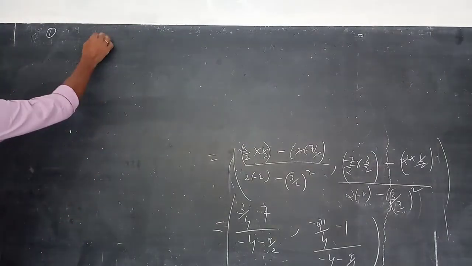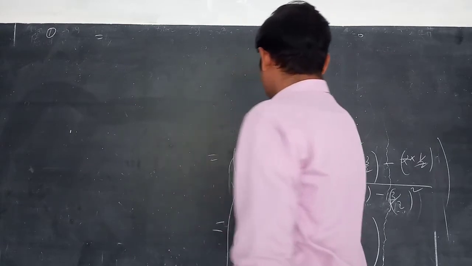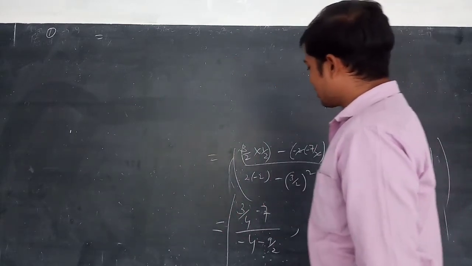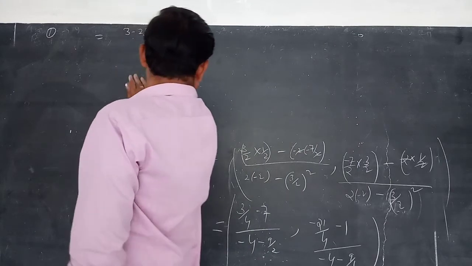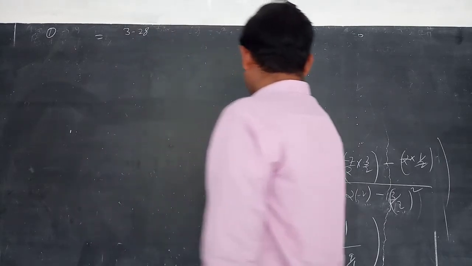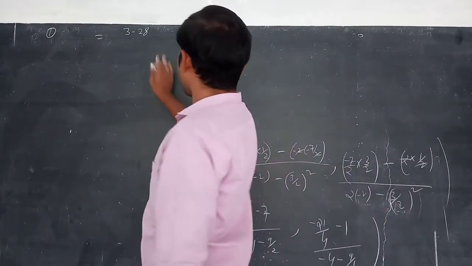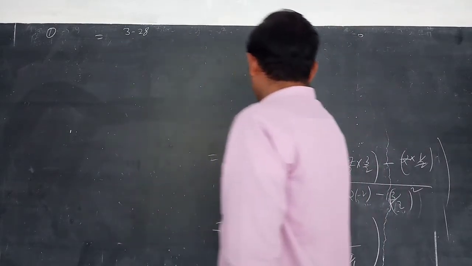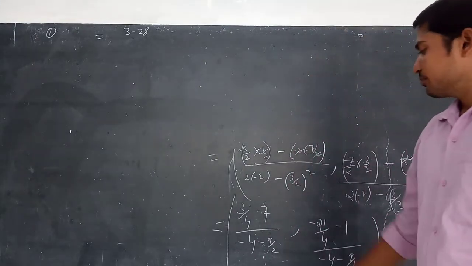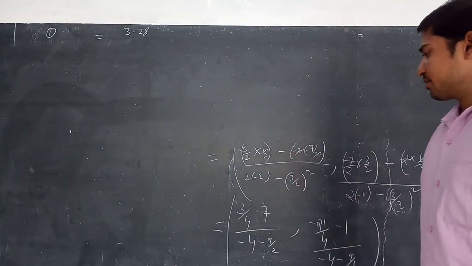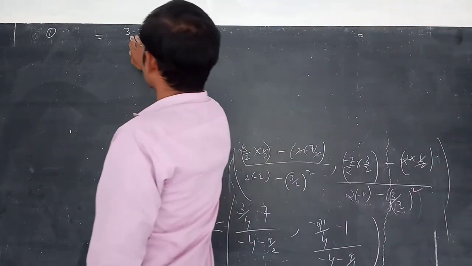Equal to 3 minus 28, 3 minus 28 by 8 minus 8 minus 9. So minus 17.